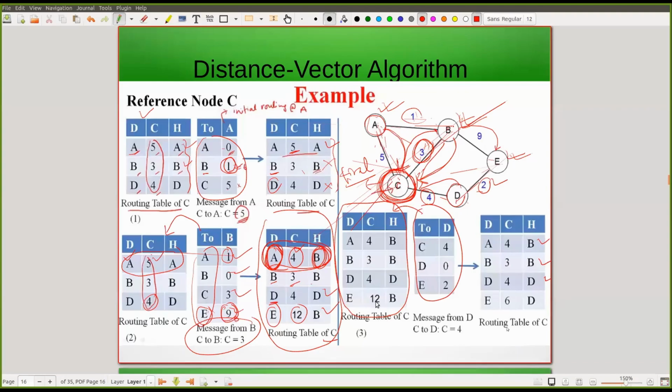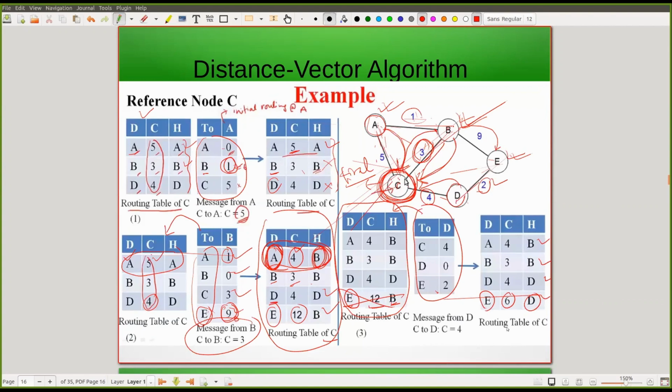But earlier I learned that the cost of going from C to E is 12 via B. Now I have learned through D that the cost of going to E via D is 6. That is the shortest path, so I should replace this information with the new information. This is how C is updating its routing table, or the distance vector, at its own end.